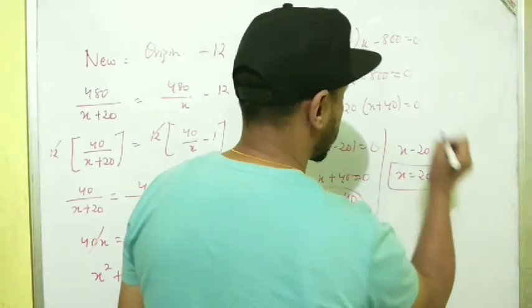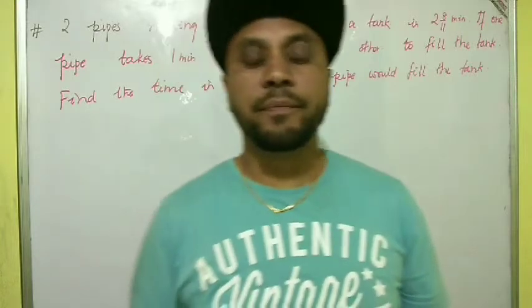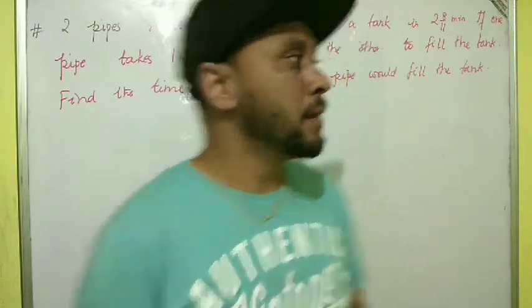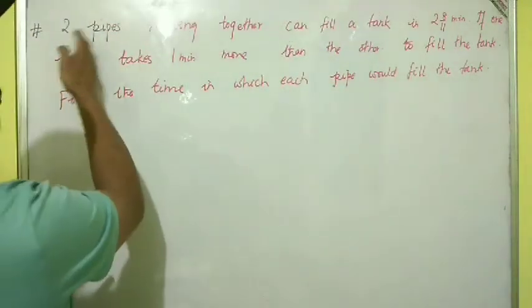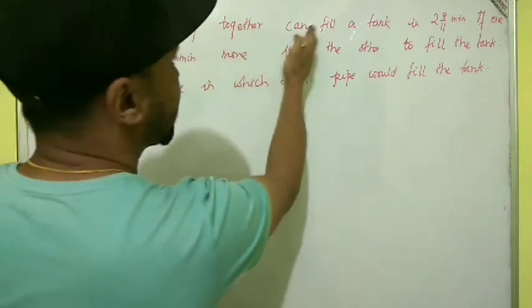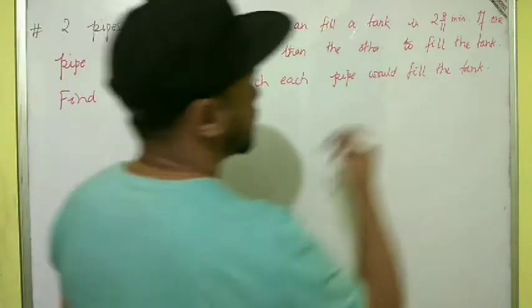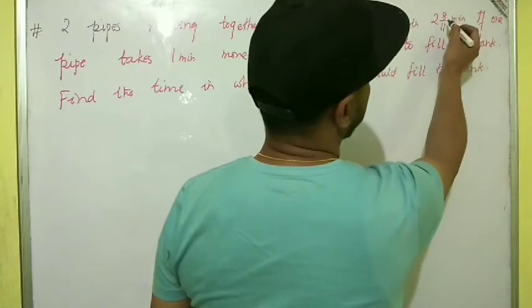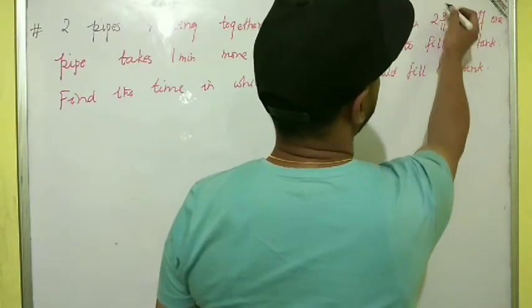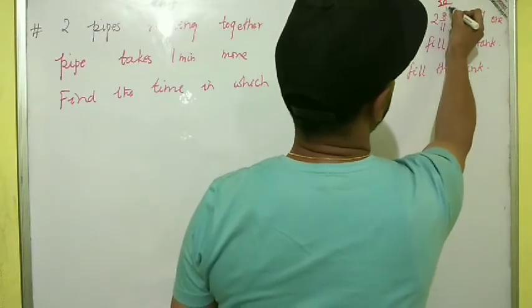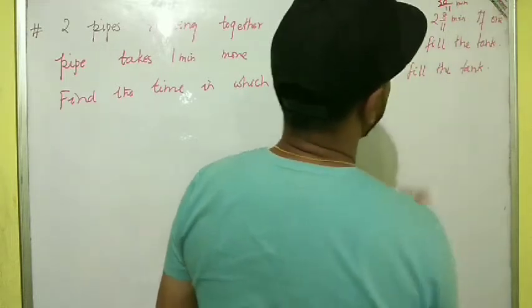Another type of question is based on pipes. Here's the question: two pipes running together can fill the tank in 2 and 8 by 11, which is in mixed fraction, so this is 30 by 11 minutes.